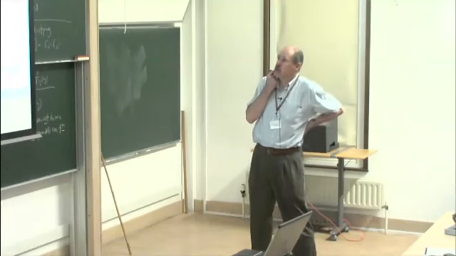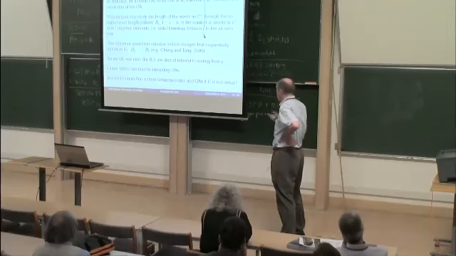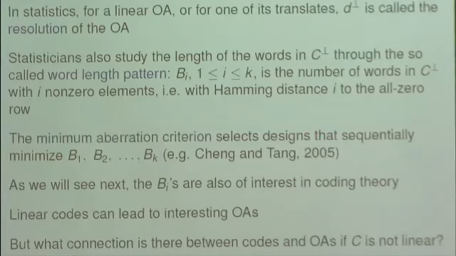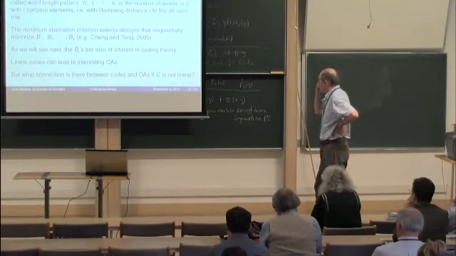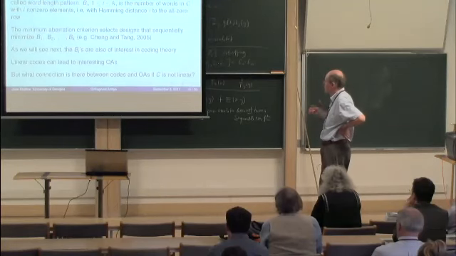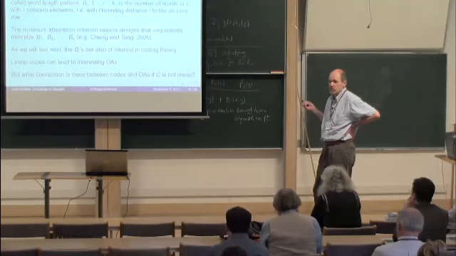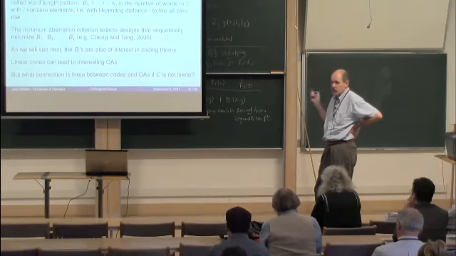Statisticians also study the length of the words in C-perp through the so-called word length pattern, where B_i, for i between 1 and k, is the number of words in this code C-perp with i non-zero elements, meaning with Hamming distance i to the all-0 run. And we'll see in just a moment that that's something that also comes up in coding theory. Coding theorists are interested in this as well.